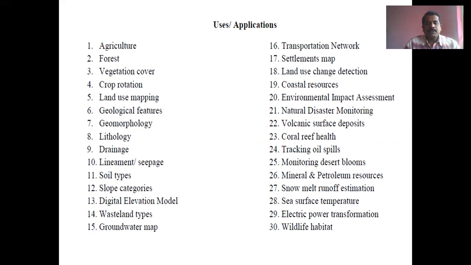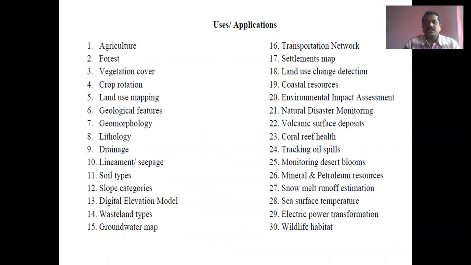Lineament, soil types, slope categories, digital elevation model, generally we say DEM, wasteland type studies, groundwater maps, transportation network maps, settlement maps, land use change detection, coastal resources, and environmental impact assessment can be done with this.